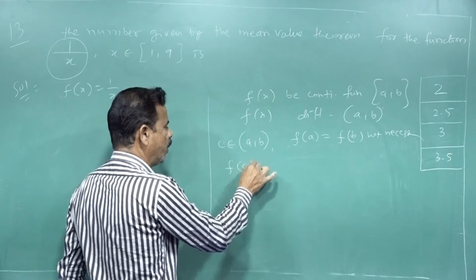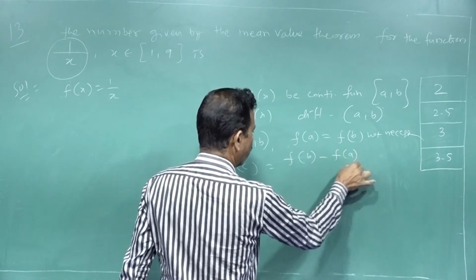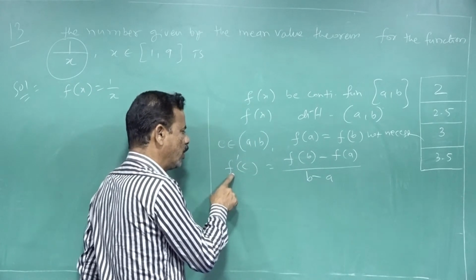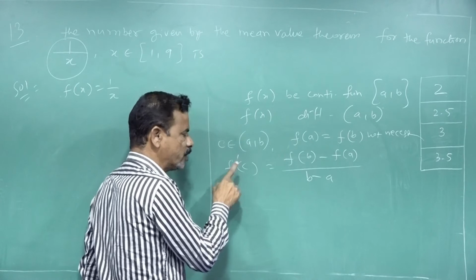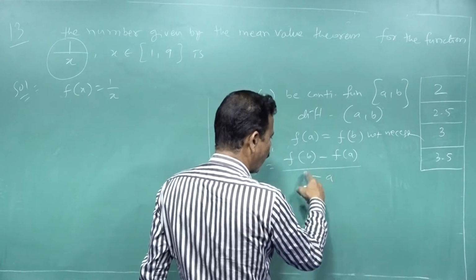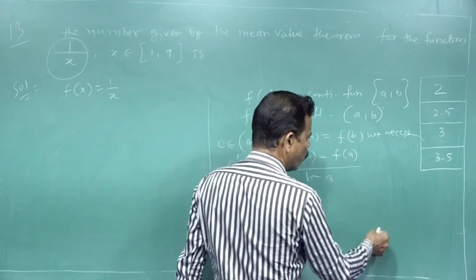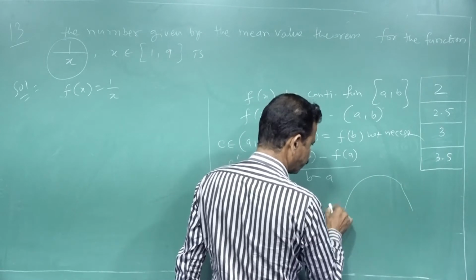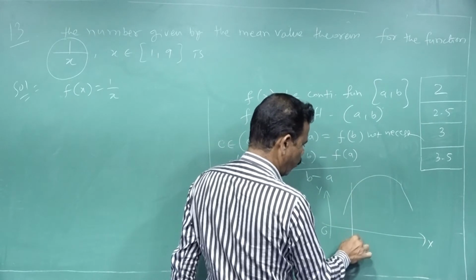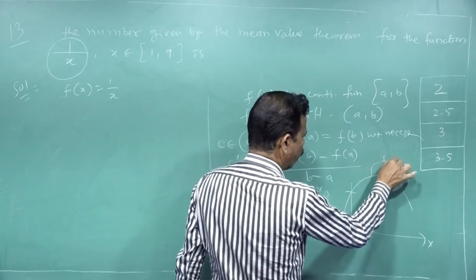Now f'(c) is equal to f(b) minus f(a) by b minus a. So f'(c) means the tangent, the first derivative means the tangent at point c. Here the difference of y coordinates by the difference of x coordinates is also the slope. How is it the slope? We consider any curve here, with x axis, y axis, origin. Suppose a point here, a. This is f(x).